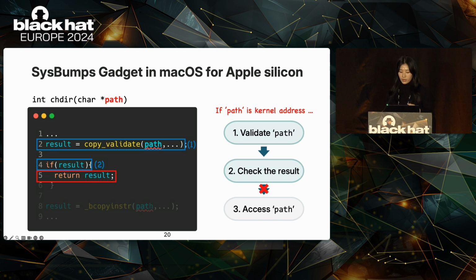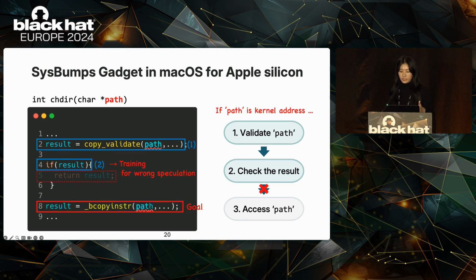But here's where speculative execution comes into play. Using speculative execution, we can transiently execute the bcopy instr function, even when we provide the kernel address as input. Specifically, the conditional branch on line 4 won't know its direction until copy validate finishes. This uncertainty makes speculative execution inevitable at that point.